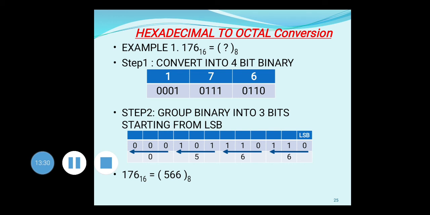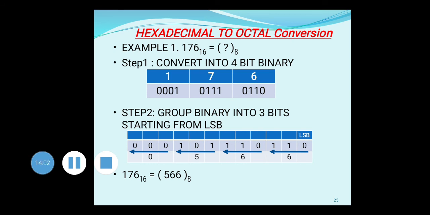So 1 is represented by 0001, 7 is represented by 0111, 6 is represented by 0110. After converting into binary, you will start grouping from the LSB, 3-bit grouping, and then represent each 3 bits with its equivalent octal number.